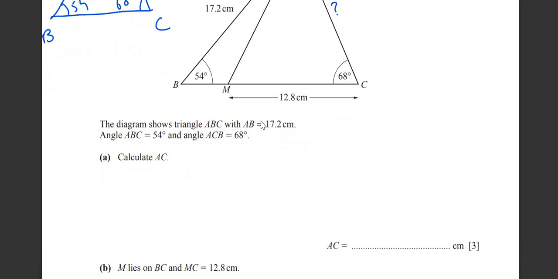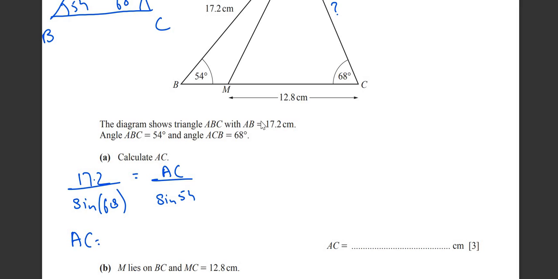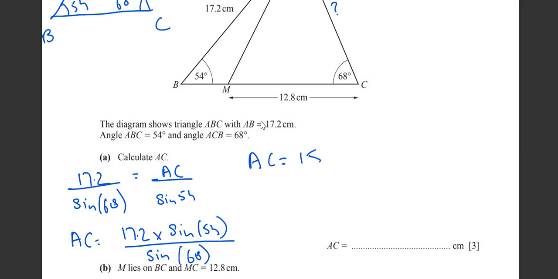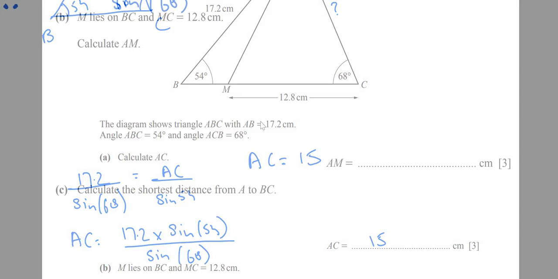So this will become 17.2 upon sine 68 is equal to AC upon sine 54. So AC is equal to 17.2 multiplied by sine 54 upon sine 68. AC is equal to 15. So that's how I got the value of 15.